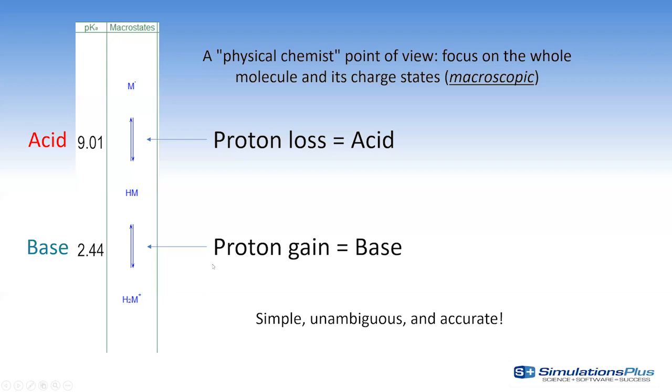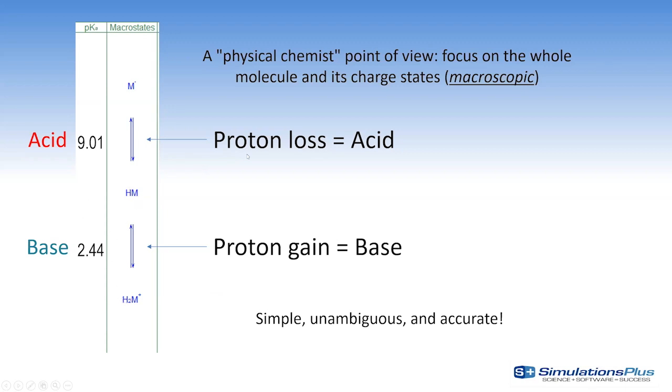Let me tell you why this myth is so prevalent. Normally, if you look at macroscopic transitions, let's just talk about this very simple molecule which can either lose a proton or add a proton, so it has an acidic and a basic group.